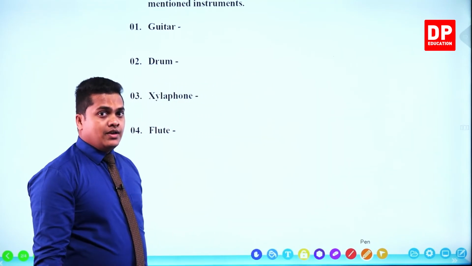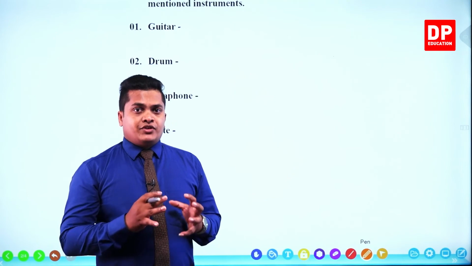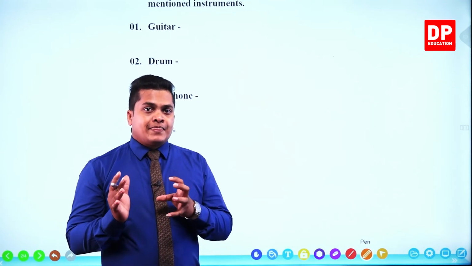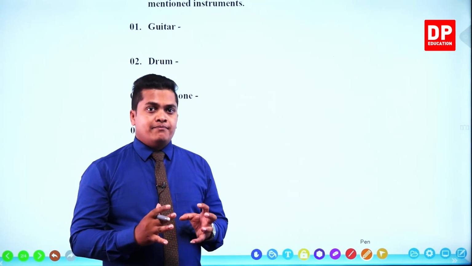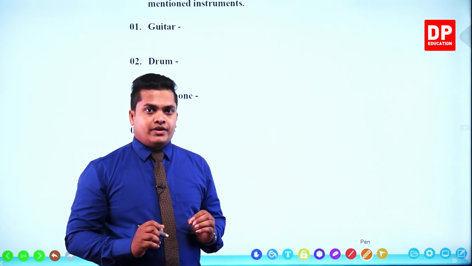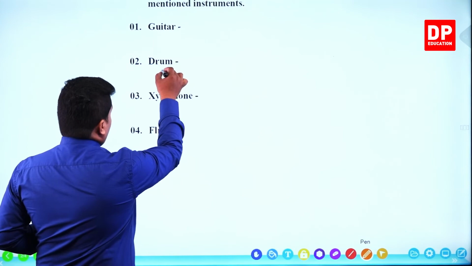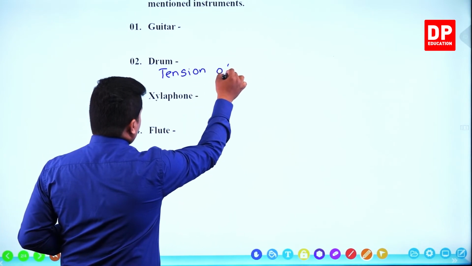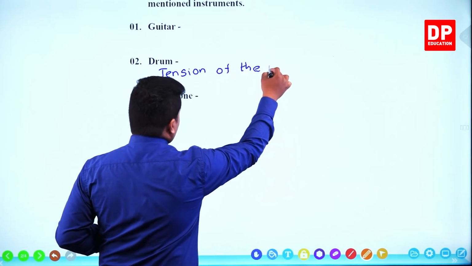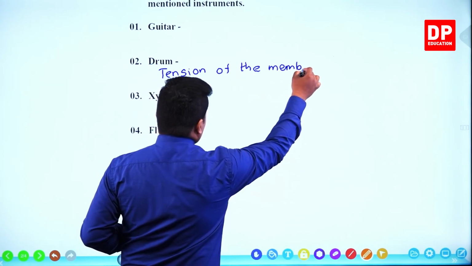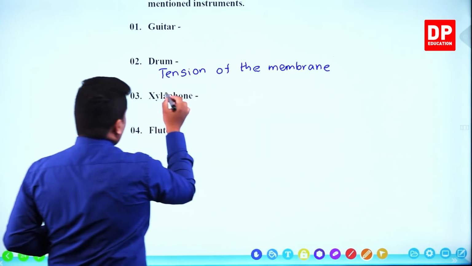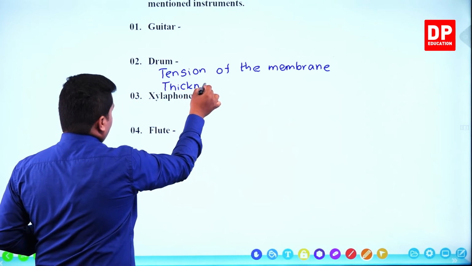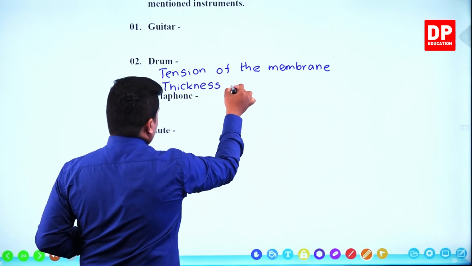If you take the drum, the frequency of the drum mainly depends on the tension of the membrane, and the second one is the thickness of the membrane.